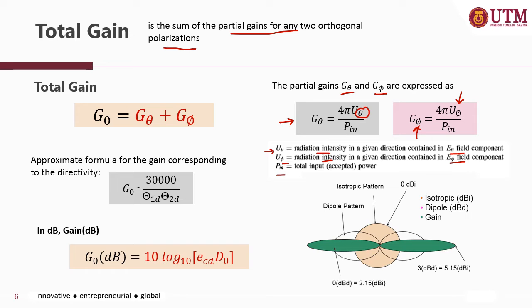Alright, so the total gain of the antenna can be approximated by using this equation, in which G naught is equal to 30,000 divided by theta 1D multiplied by theta 2D. And in dB, usually the gain of the antenna will be presented in dB, so you can convert the linear value into dB, which is given by 10 log 10 of ECD multiplied by the maximum directivity.